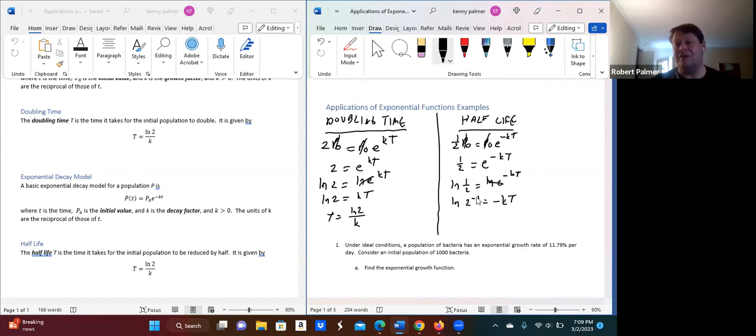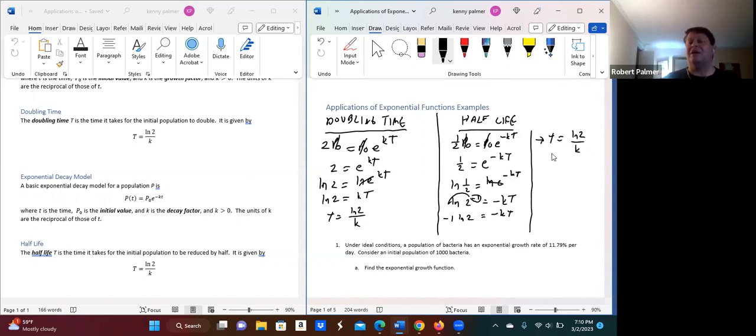Now, the reason I did that, we can use the properties of exponents. So I can actually bring this constant down front as -1 times the natural log of 2 is equal to negative kt. As you can see, now if I divide both sides by negative k, this is going to become positive. We're getting exactly the same thing. So t is equal to natural log of 2 over k.